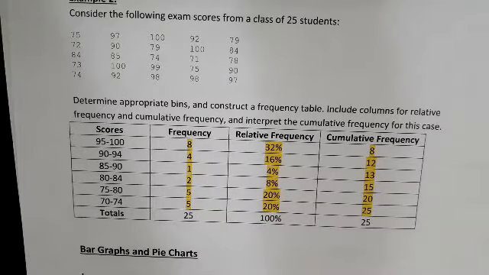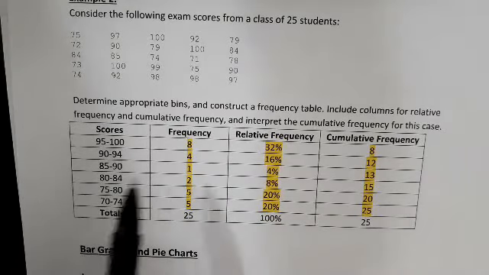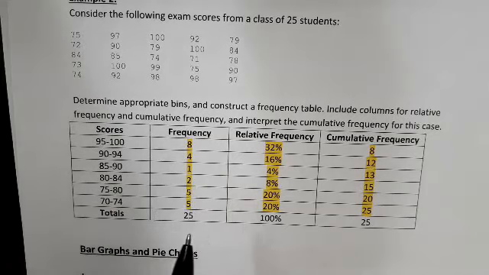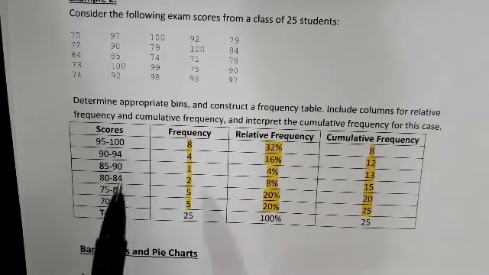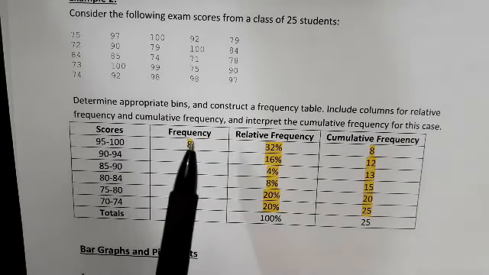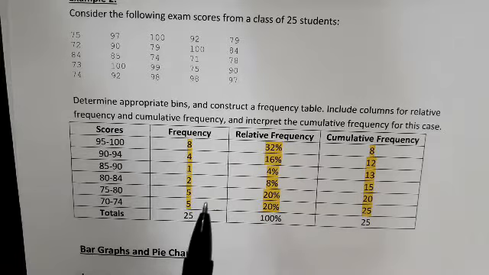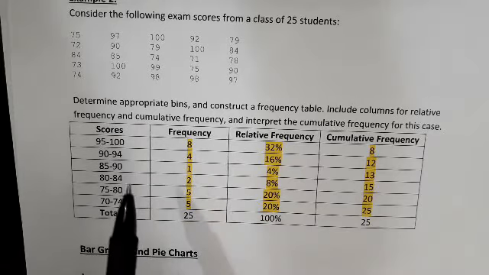And so what I'm saying is I want to graph the frequencies from this table. These are going to go on my y-axis. These are going to go along my x-axis.